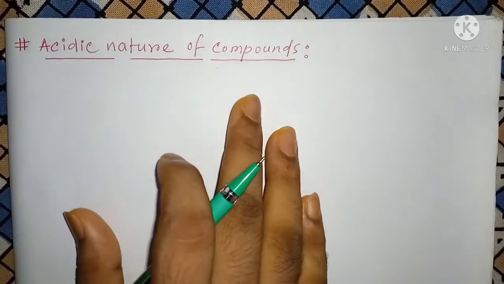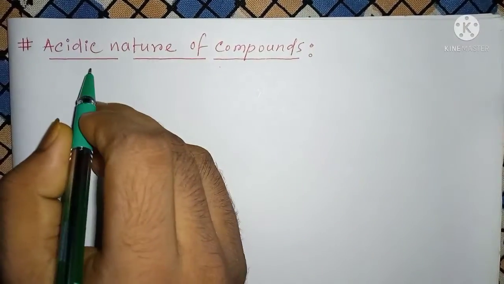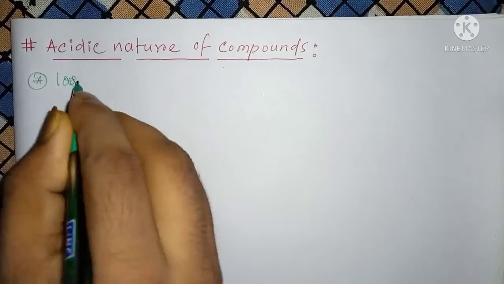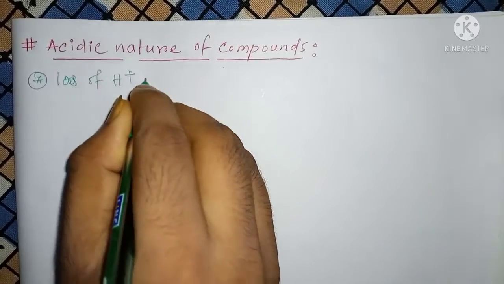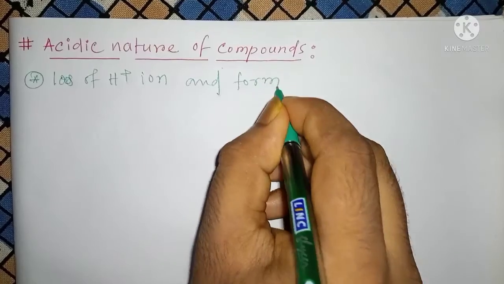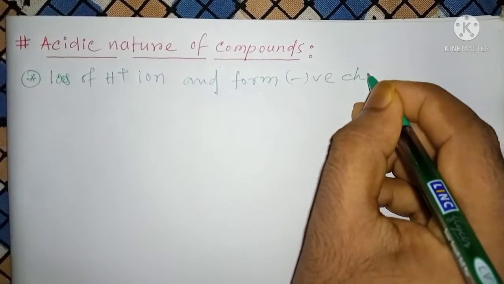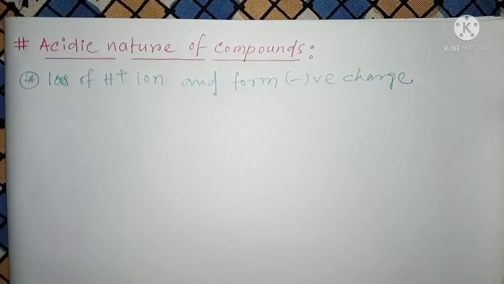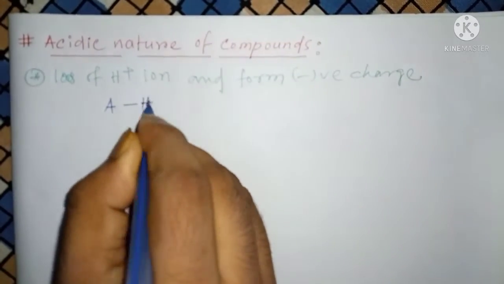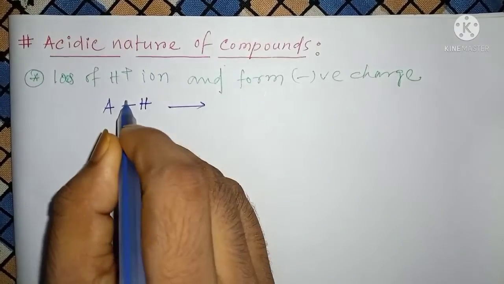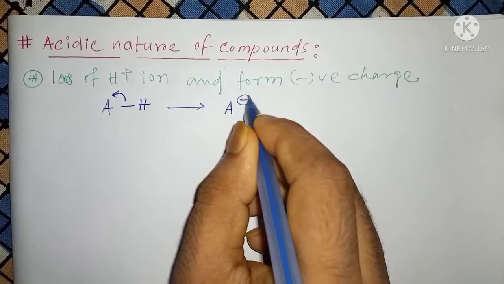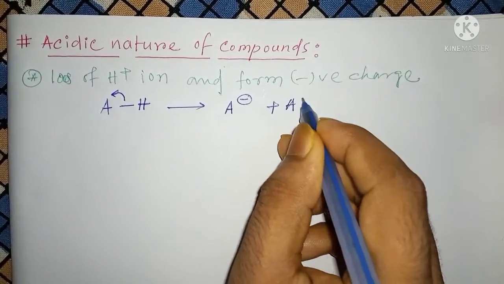Acidic nature of compounds. Now what is acid? Acid means loss of H plus ion and form a negative charge. Suppose a compound AX removes H plus ion to form A negative and H plus.